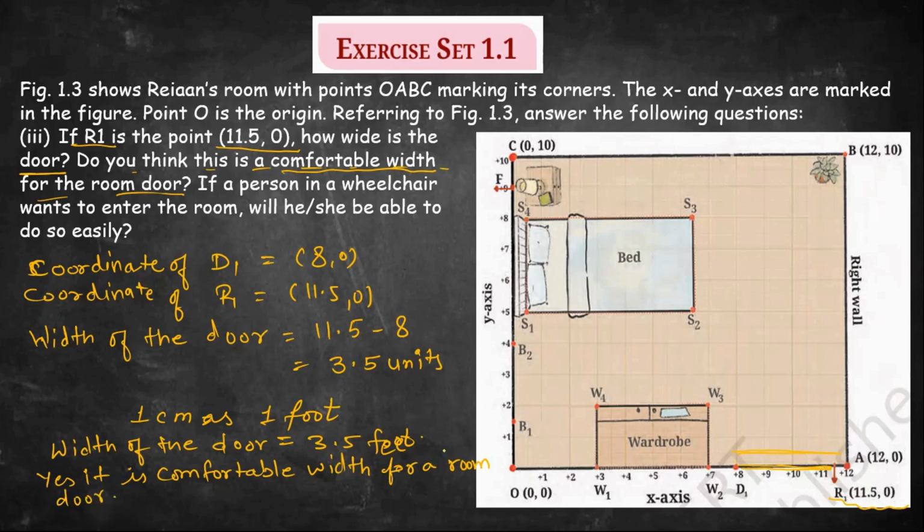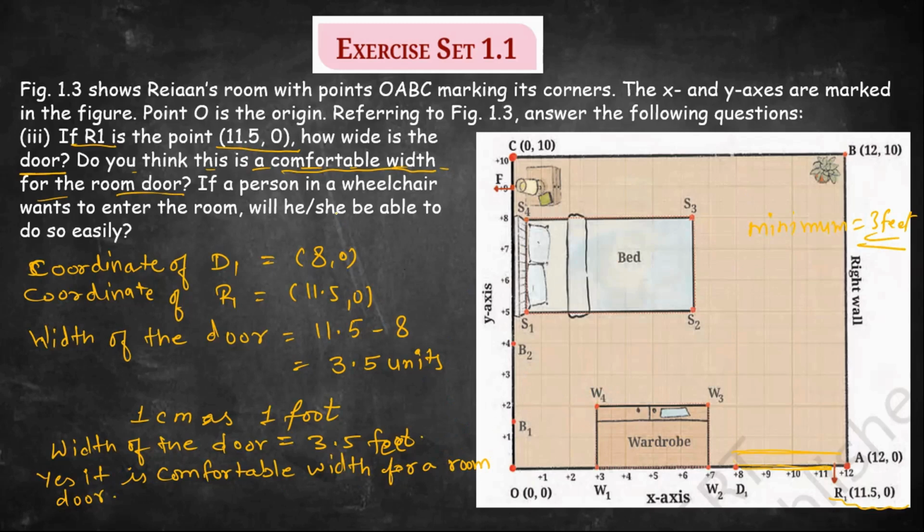Because if you compare or check the width of your room door, you will find that the minimum is approximately 3 feet. So as the minimum is 3 feet and it is 3.5 feet, which is more than 3, obviously it will be comfortable.